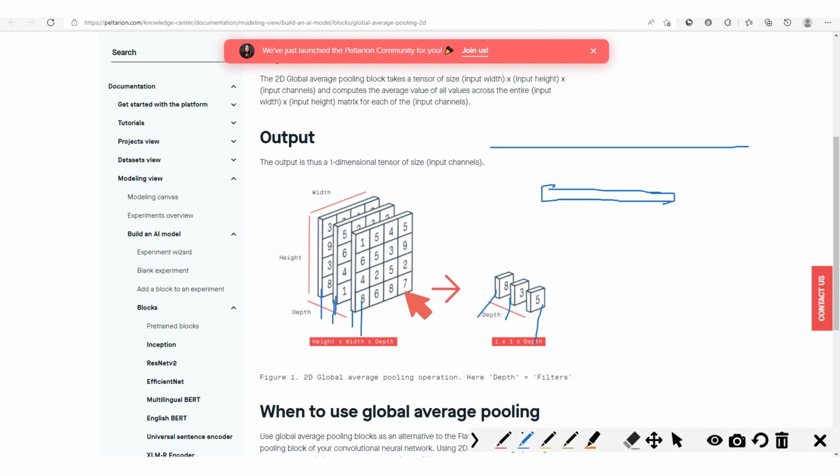Now it should be noted that in certain tasks, like in classification, which we are trying to do, this global average pooling will be great, as the position of the pixels doesn't really matter. This simply means that here you get this average, and here you get this average, and here this average, so this position or this pixel wouldn't be close to this other pixel, as in the case of the flattening.